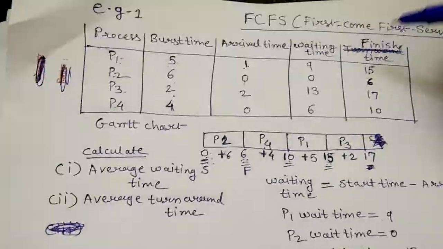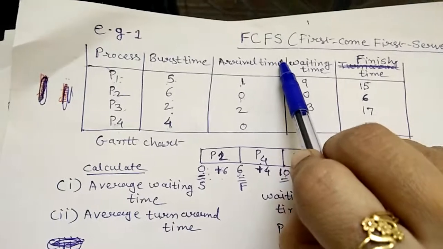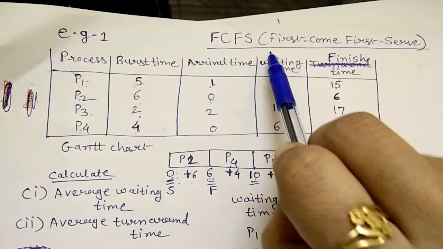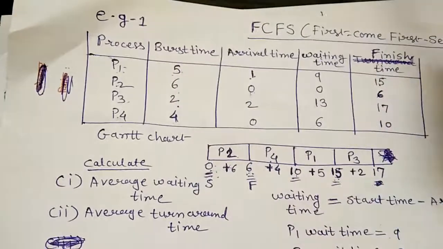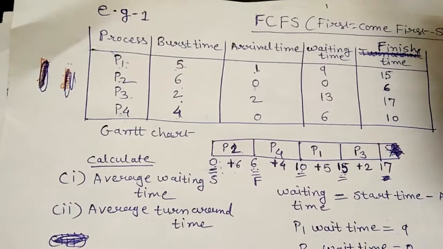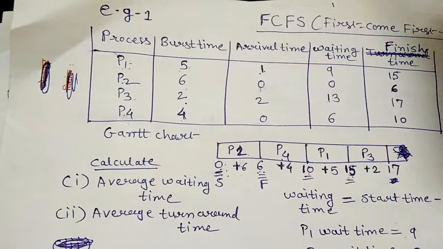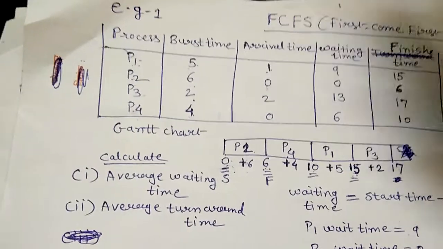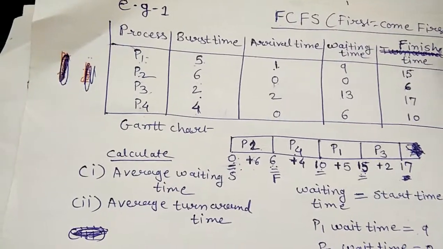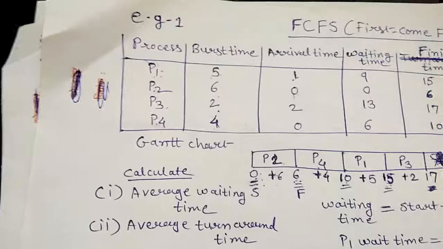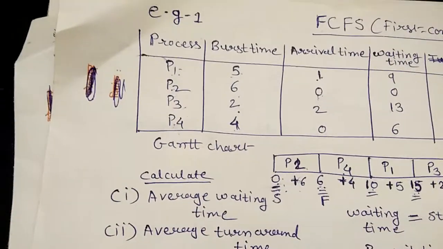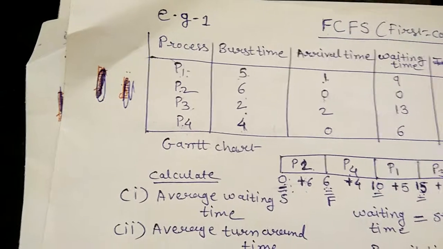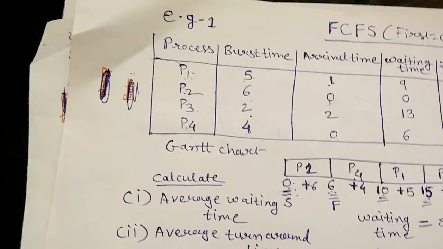Now we are going to see the first come first serve scheduling algorithm in operating system, which is the simplest algorithm in the operating system, and it works exactly in a first in first out form, which means the process that makes the request to the CPU first will be allocated by the CPU first.